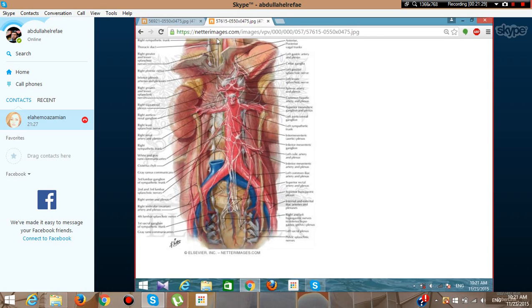Look, the first one, the greater splanchnic nerve, goes to the celiac ganglion. The second one, the lesser splanchnic nerve, goes to the superior mesenteric ganglion. The last one, the least splanchnic nerve, brings preganglionic sympathetic fibers for the aorticorenal ganglion.